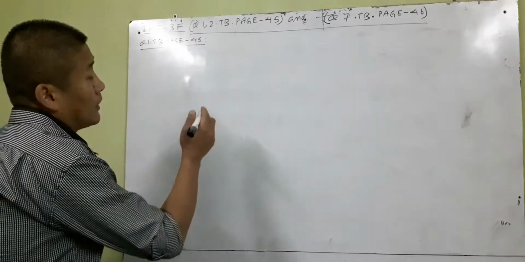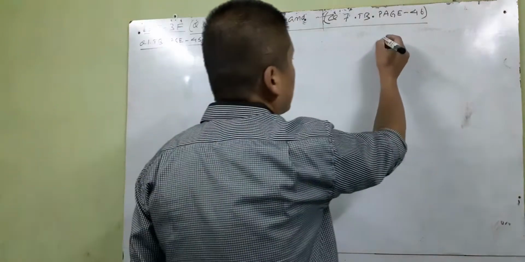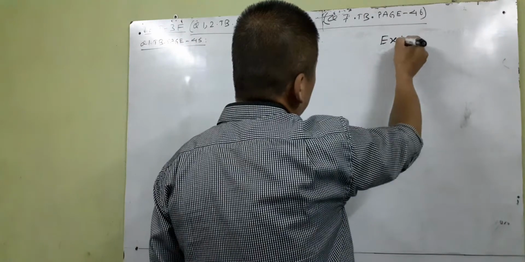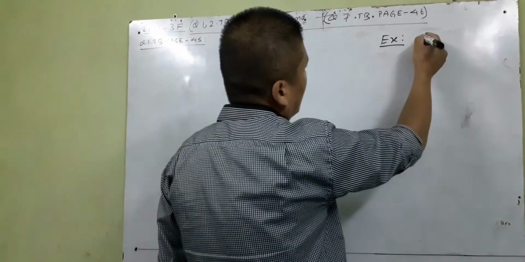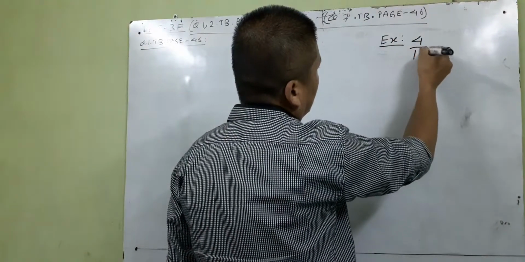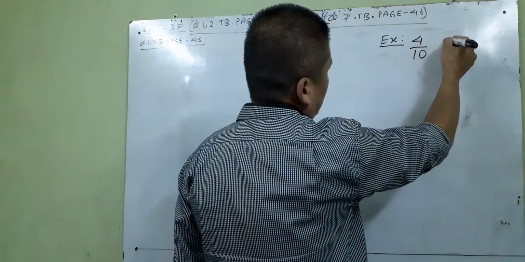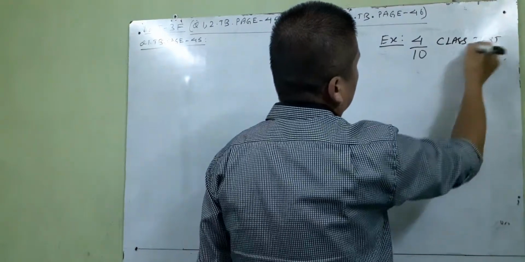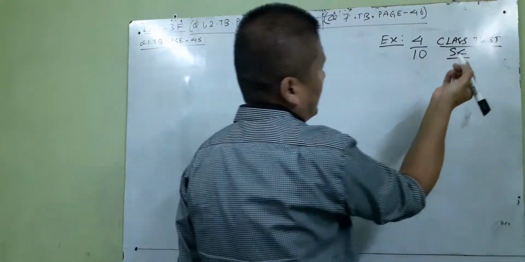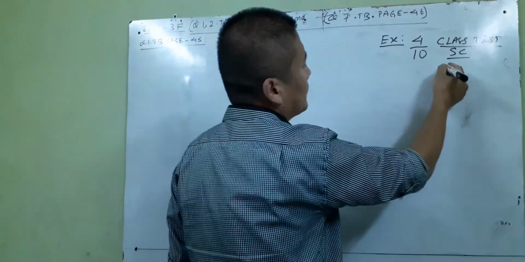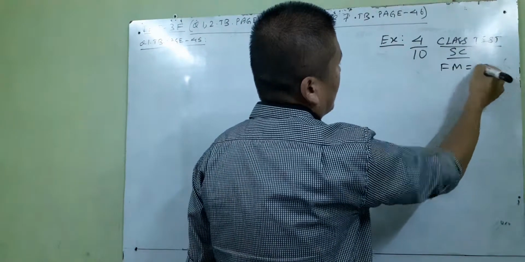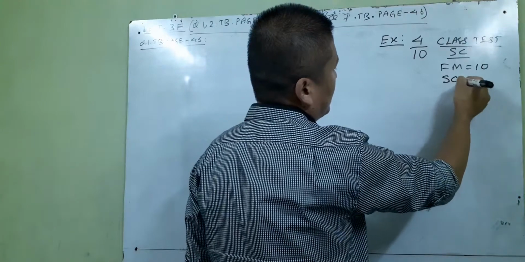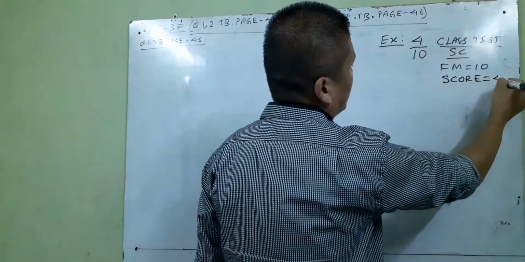Now, before you do the main thing, just compare with this example. Suppose you got 4 out of 10 in a test, okay, class test in science, let us say. So full mark you see here is 10, and your score, your individual mark, is 4.